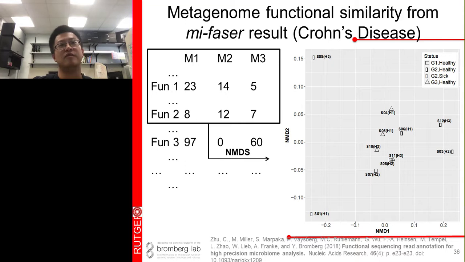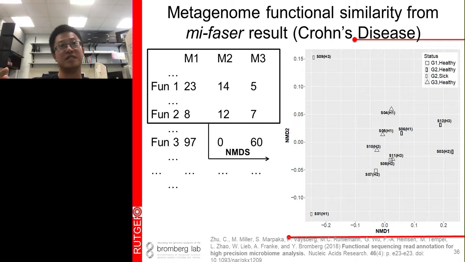Another example I'm showing you here is human data. There are 2 patients with Crohn's disease and their healthy relatives. For these 2 patients, we have their gut microbiome samples. Their gut microbiomes are functionally very different from their healthy relatives.